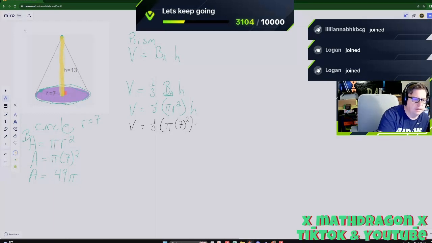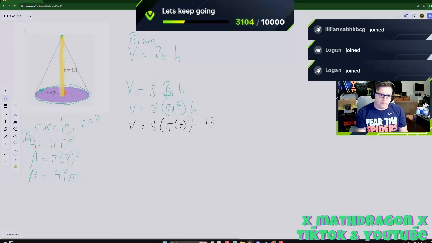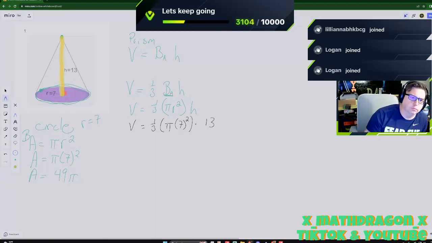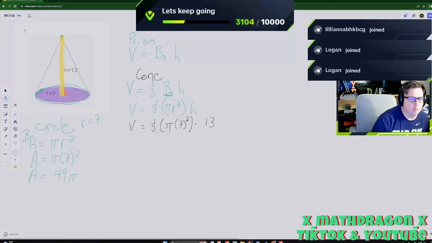And you can see that that height is 13. So this is a cone. This was my prism. Okay. So now once we do that, we did get 1/3, we did get 49 pi, and we do have 13.